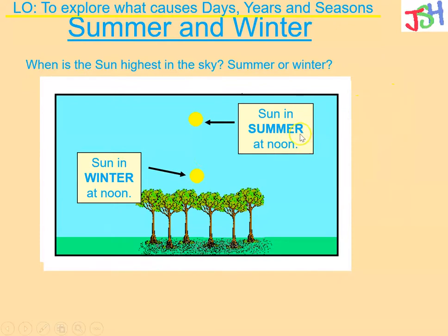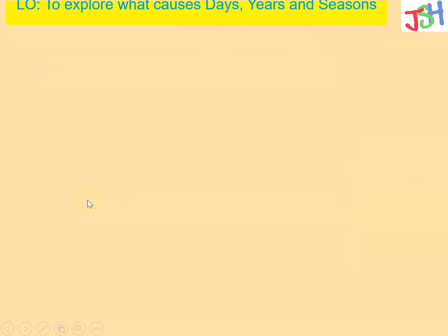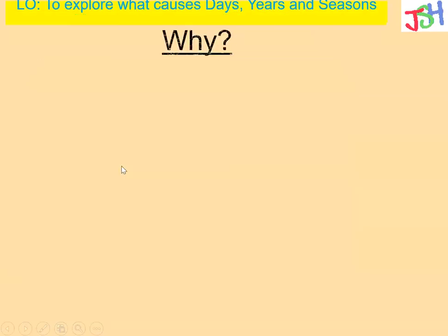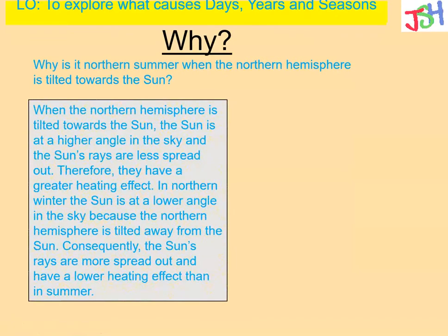Usually in summer, the sun is at its highest in the sky at noon, while the sun is at its lowest in winter. Why is it northern summer when the northern hemisphere is tilted towards the sun? Take your time to think.